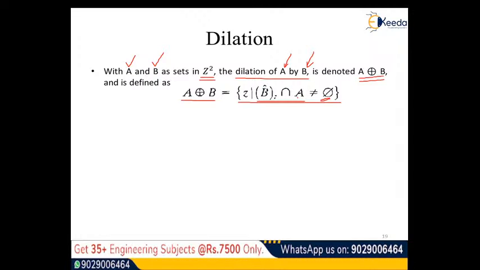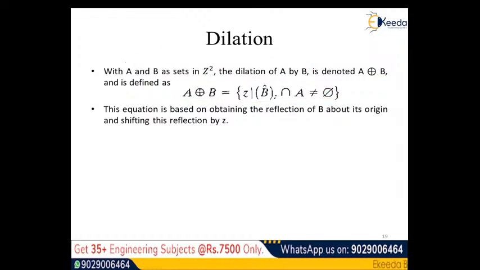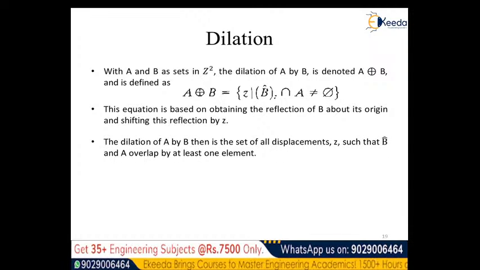So this equation is based on obtaining the reflection of B about its origin and shifting this reflection by the parameter Z. The dilation of A by B is then the set of all displacements Z such that B hat and capital A overlap by at least one element.